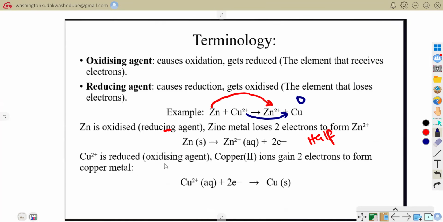Written as a half reaction, it becomes Cu2+ (aq) + 2 electrons gives copper metal. These are what we refer to as half reactions, and they show us one part of the redox reaction, which is either the oxidation part or the reduction part.